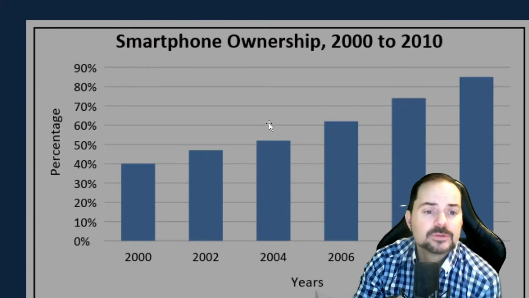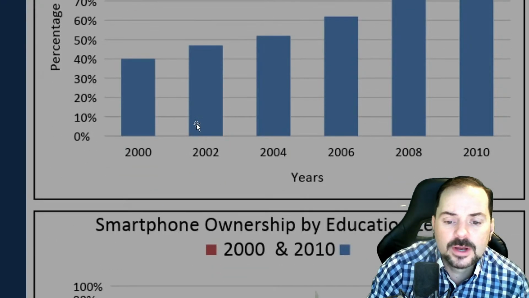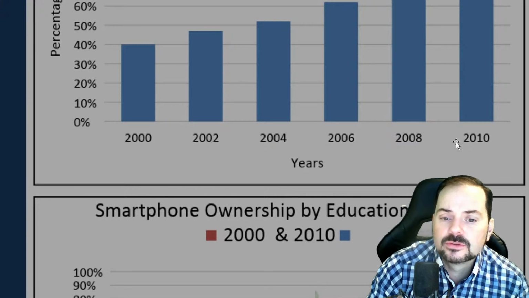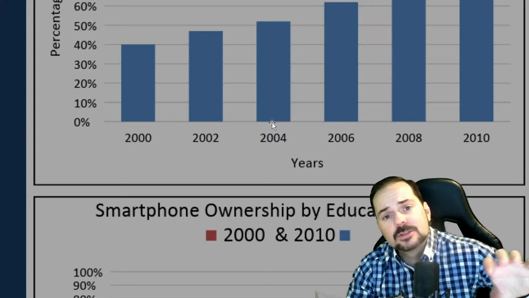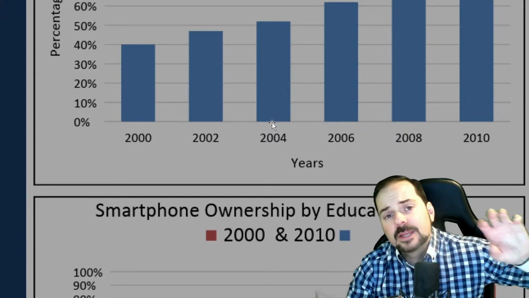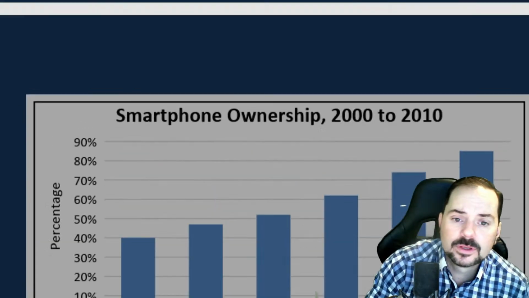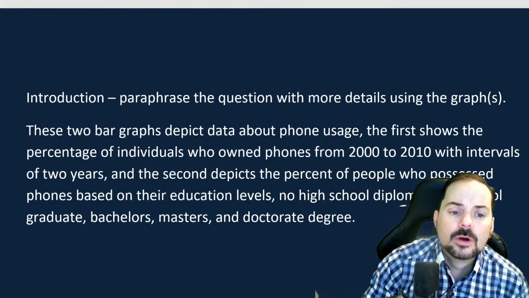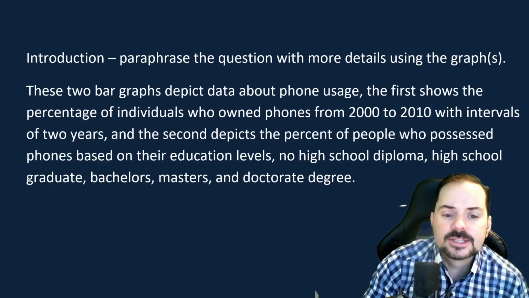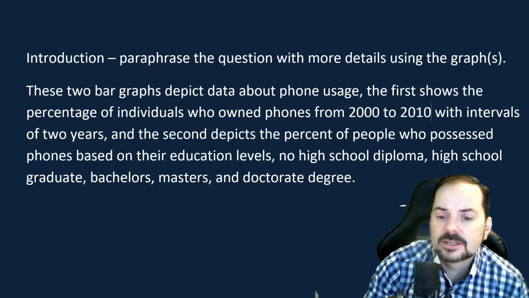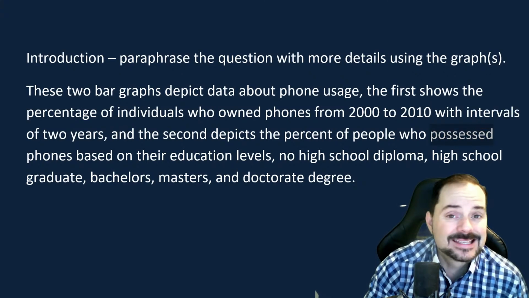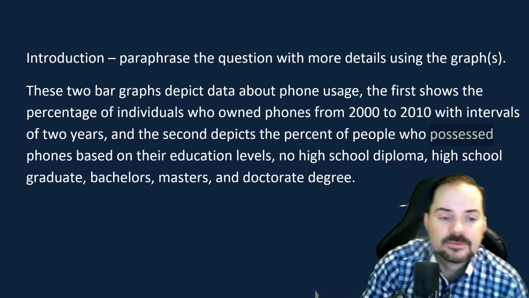I'm telling the reader right away that I recognize the time period and the data sets. And the second depicts the percent of people who possessed phones based on their education. Instead of writing owned, I wrote possessed here, or bought might even work here, okay?